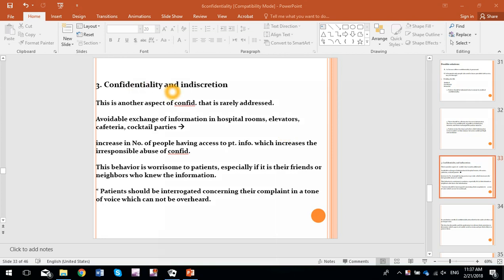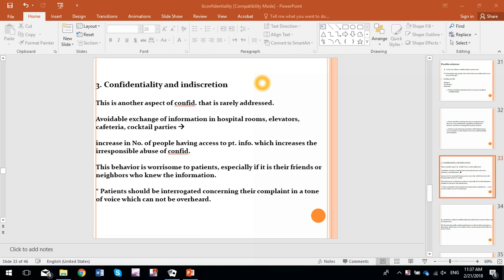There is another topic related to confidentiality which is not commonly addressed, which is confidentiality and indiscretion. This is another aspect of confidentiality that is rarely addressed.